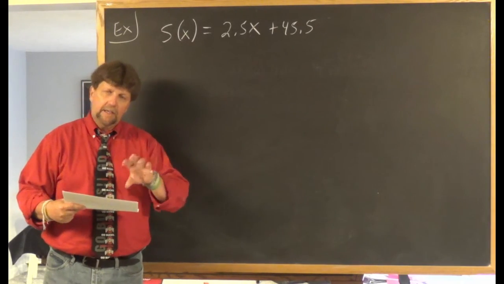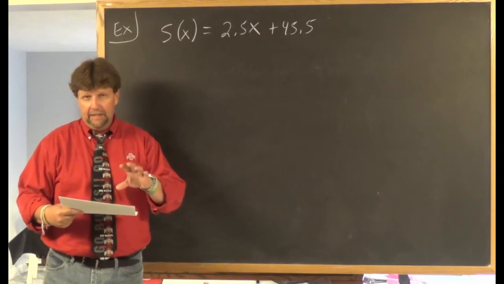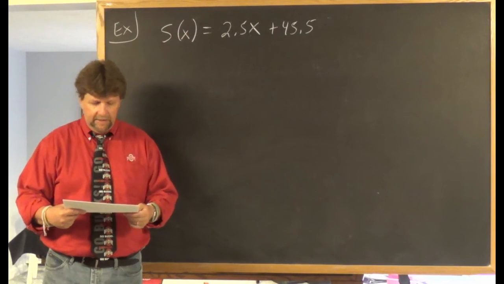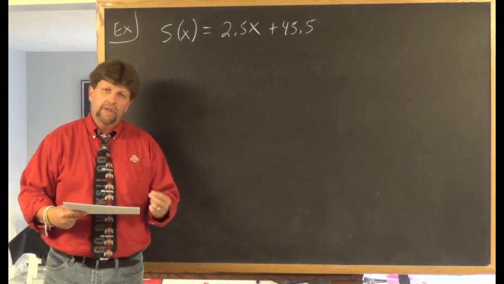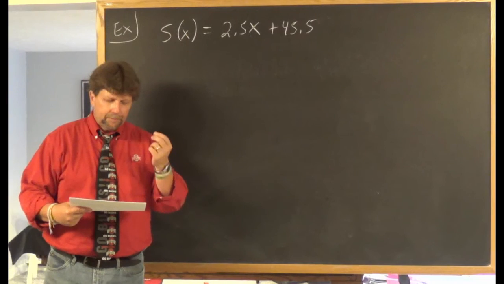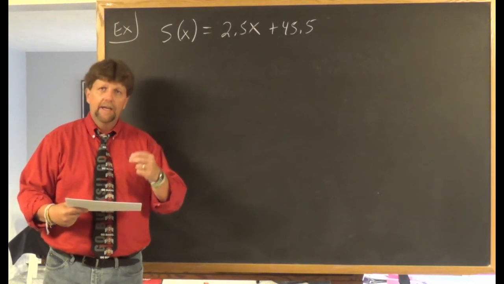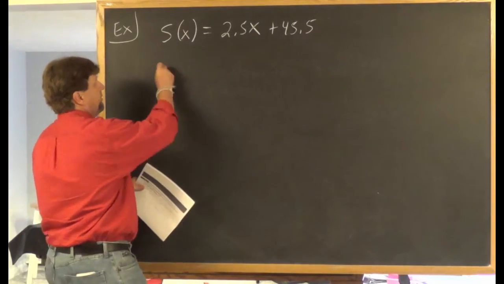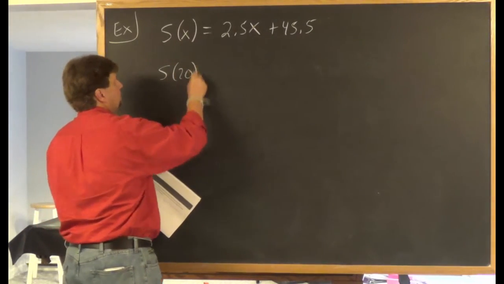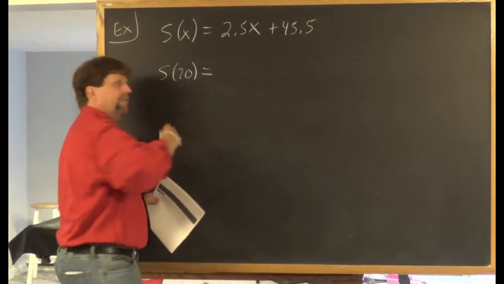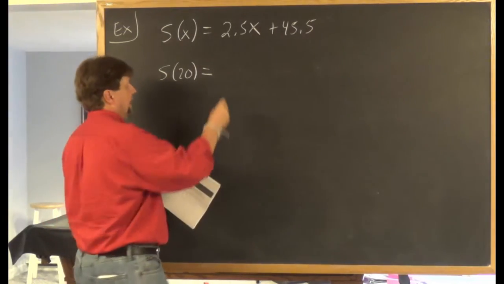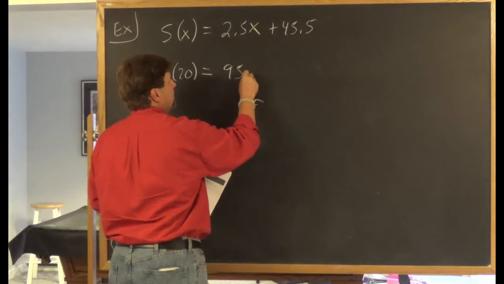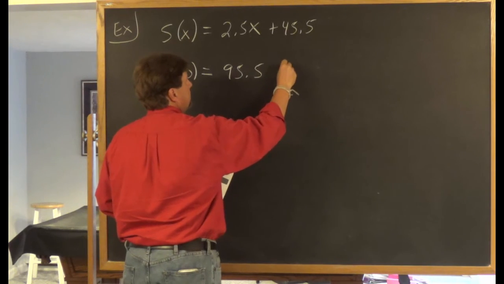Here, x is the quantity supplied each week, and S of x is the price per tire in dollars. You're asked to compute S of 20 and S of 60 and interpret each. If we start with S of 20, we put 20 in for x, and out comes 95.5.